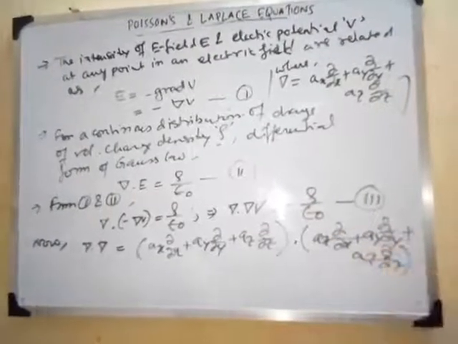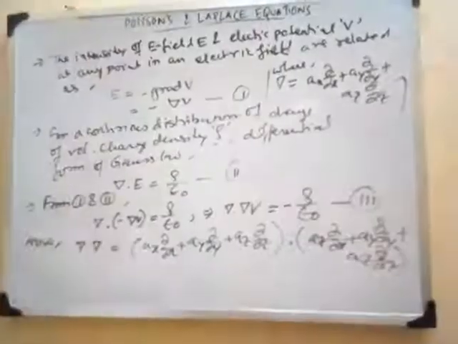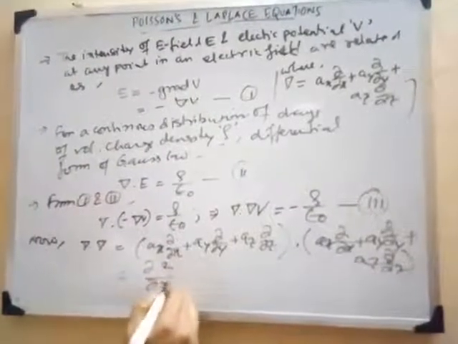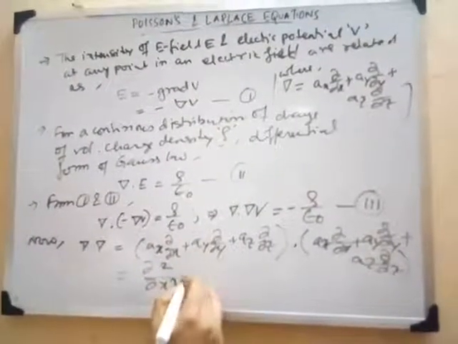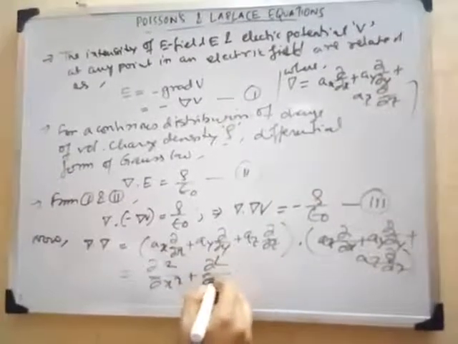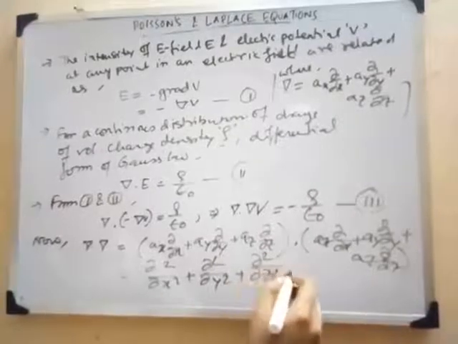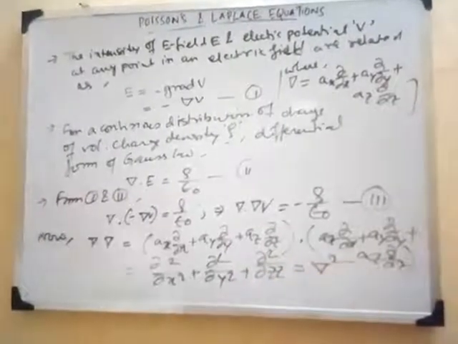So this is the expression for del dot del. So we can consider this as del squared/del x squared plus del squared/del y squared plus del squared/del z squared, that is equal to del squared, right?